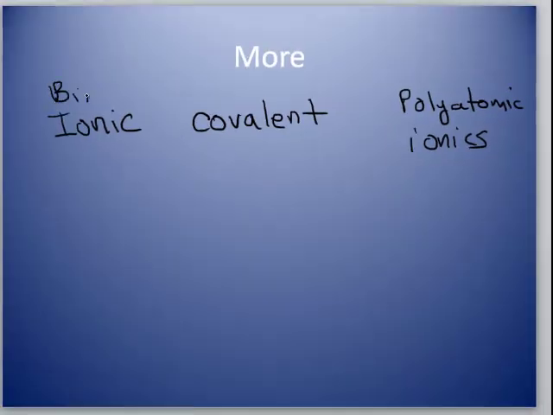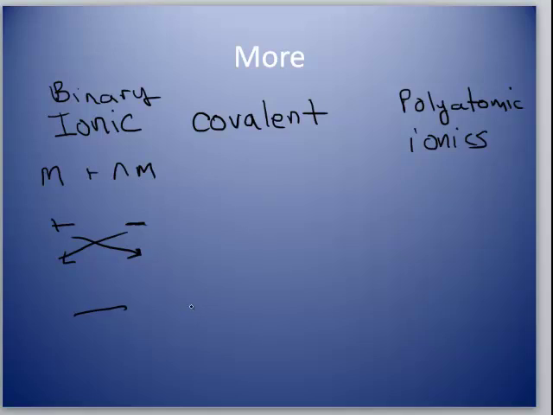So those are two elements, so we're going to call those binary ionics versus polyatomic ionics. With binary ionics, that was when we had a metal plus a nonmetal, and that's when we used charges, and then we crisscrossed the values to come up with our formula. And then we wrote those formulas in the lowest whole number ratio.